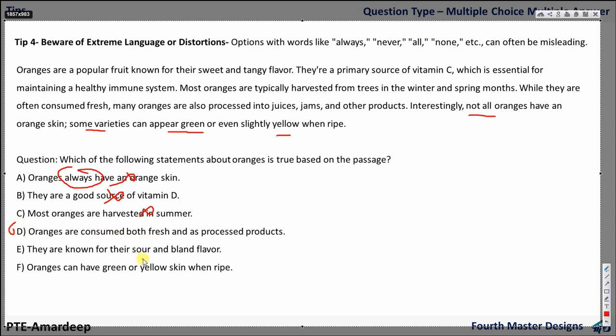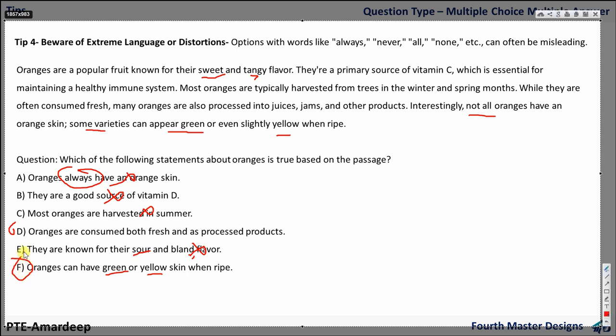They are known for their sour and bland flavor. Sour and bland. Sweet. Got it? Sweet and tangy. Here it is sour and bland. Can have green or yellow skin when ripe. Yes, green or yellow. So my answers are what?